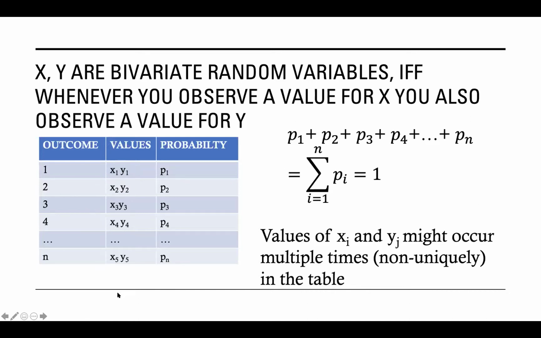And in fact, the way I've written it here, values of xi and yj might occur multiple times in this table. But this here is a list of all the different pairs of x and y you can observe. Neither the x's nor the y's, as written here, need to be unique. But the probability of all the potential outcomes, P1, P2, P3 down to Pn, all of those probabilities still sum to 1.